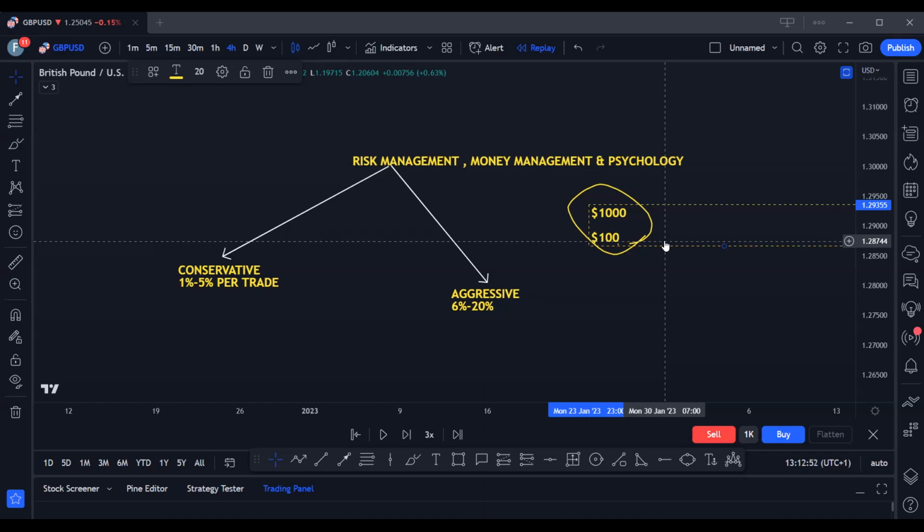There are some people that are risk averse. They don't really like losing money. They're looking for 100% guaranteed ways to make money. So such people will be a lot more conservative and make their money small. It's fine. Whatever category you belong to, just be aware of your risk appetite and trade with that consciousness.